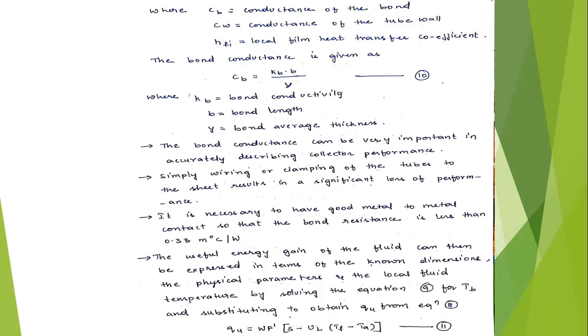If you substitute that TB value in equation 8, finally we will get the useful energy gain: Qu is equal to WF dash into S minus UL into TF minus TA. This is the 11th equation. We will see the various terms described in this 11th equation in the next slide.